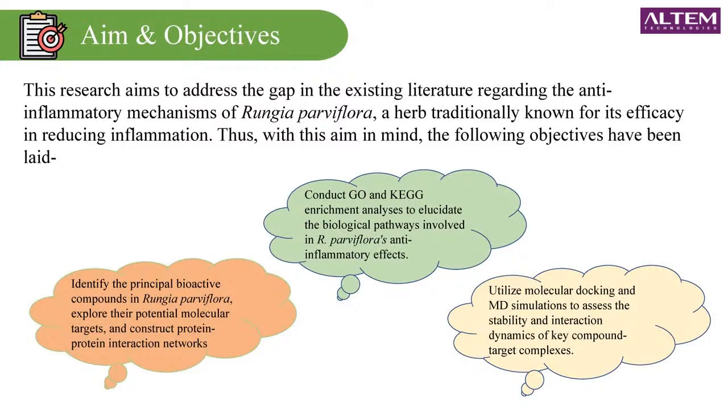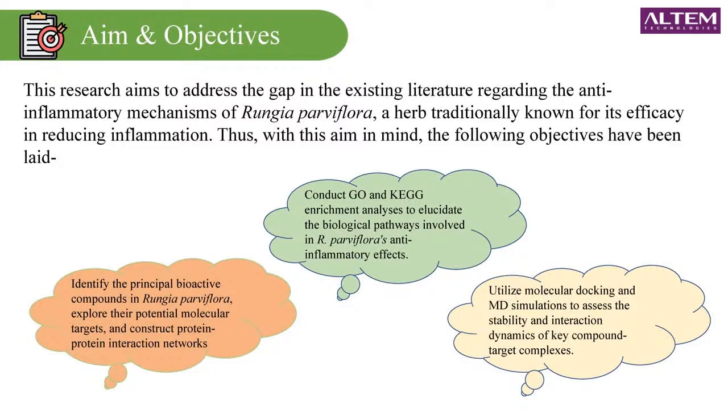So that is why, through this study, we tried to bridge this gap by providing a detailed analysis of the herb's bioactive compounds and their interactions with molecular targets. And therefore, we laid down three objectives. The first was to identify principal bioactive compounds in Rungia pectinata, explore their potential molecular targets, and construct a protein-protein interaction network.